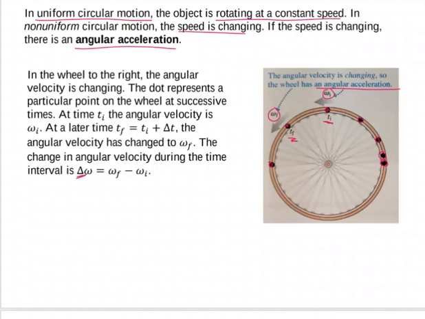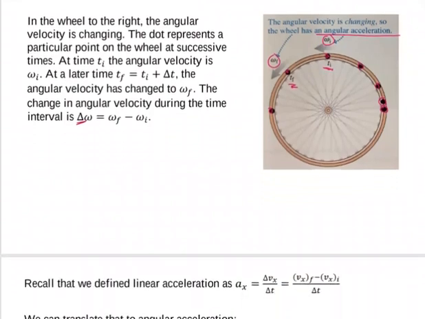Therefore, based on what you learned from linear equations, we should be able to deduce pretty easily what our equation for angular acceleration will be, and that's going to be on the next slide.